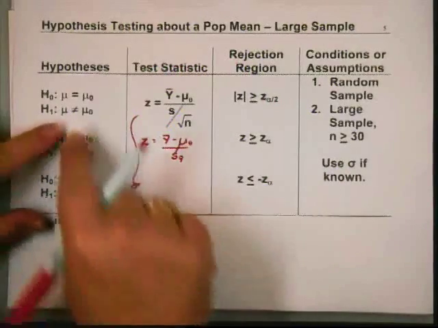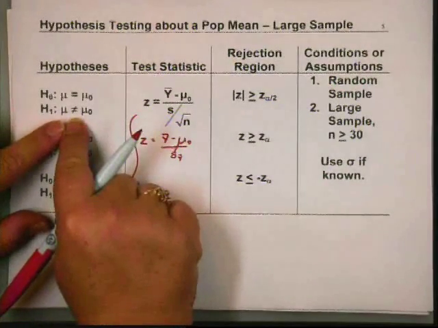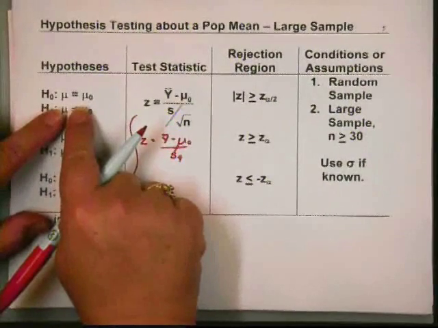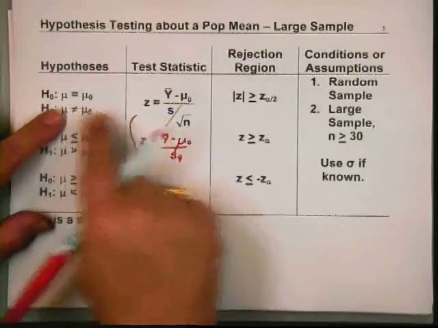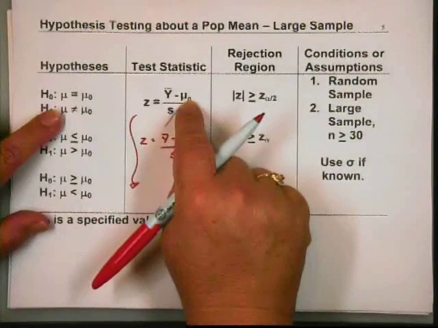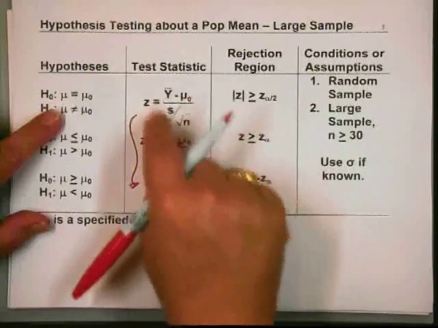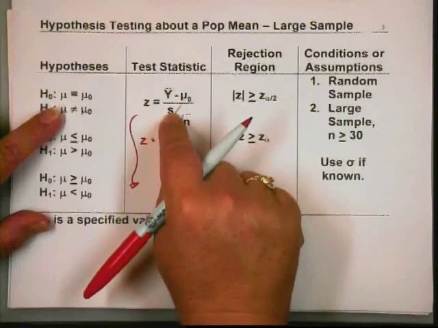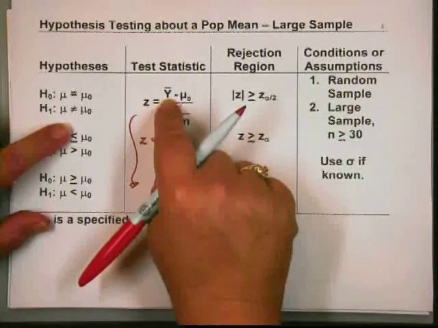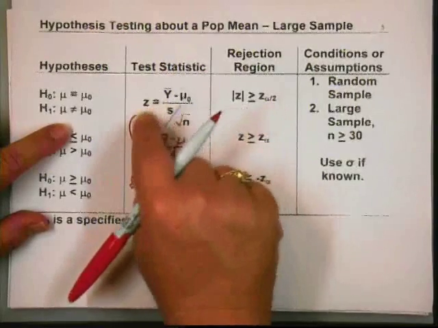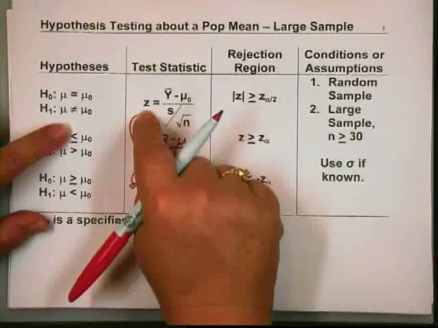All right, here I have a two-sided test. If H naught is true, y bar is going to tend to be a lot like mu naught. If H naught is true, y bar is going to be close to mu naught, and this value of z is going to be what? Close to 0. If H naught is false, y bar can be much larger than mu naught, and that would result in a very large value of z.